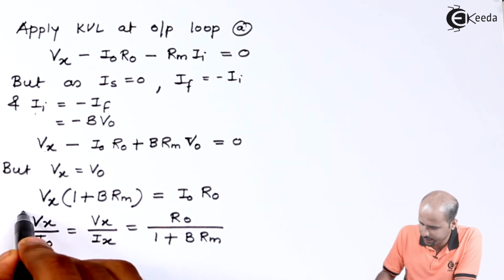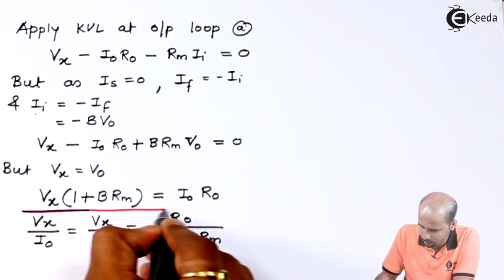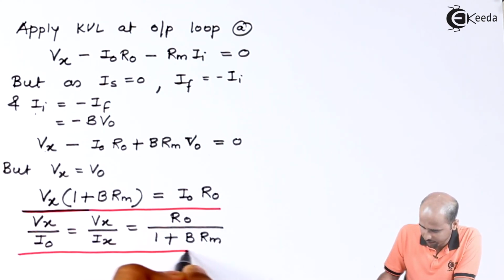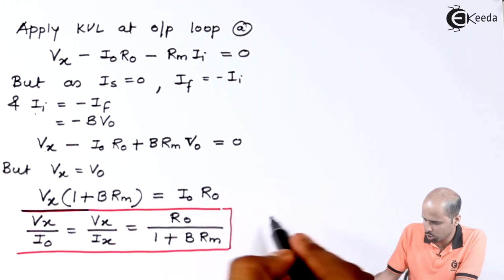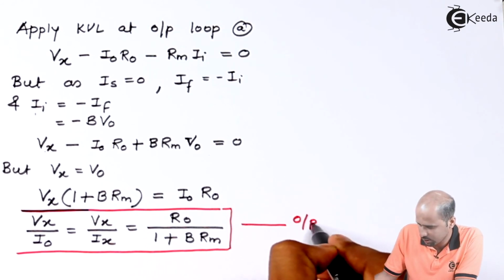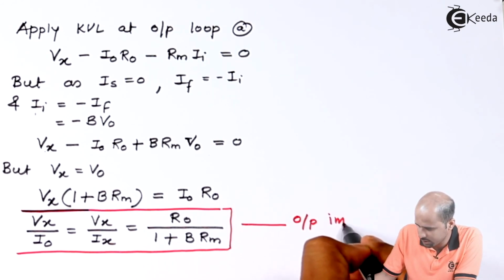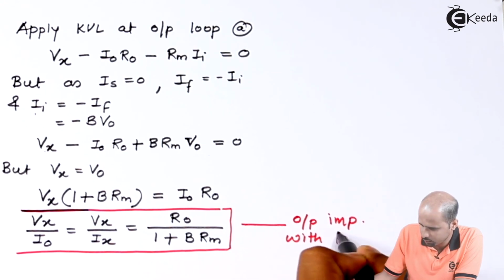This is how we get the formula for output impedance. As far as voltage shunt negative feedback is considered, this is the output impedance with feedback.